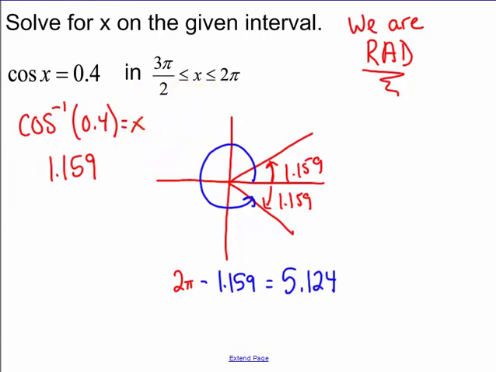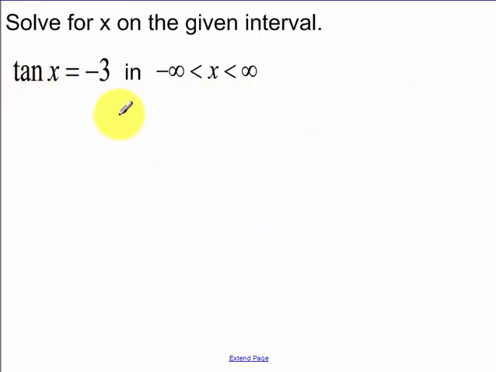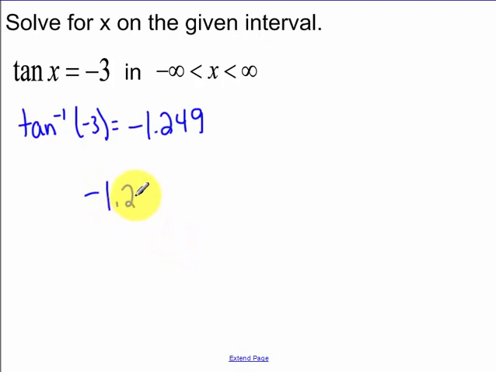That's if I have a restriction. On this next example, I don't have a restriction, so I do my inverse tangent of -3, and in my calculator I get -1.249. So that's my answer, plus all of my rotations.